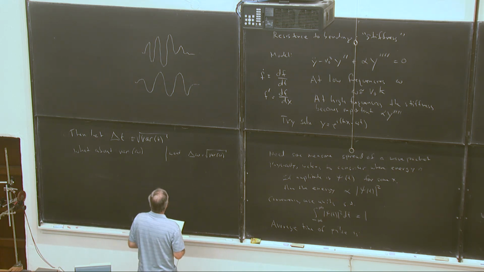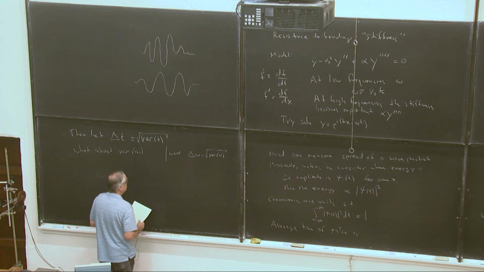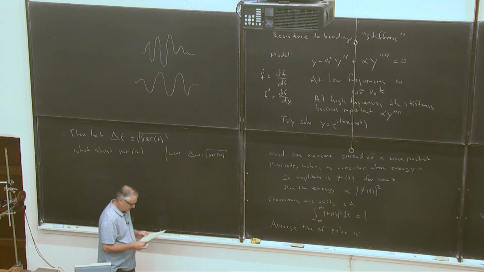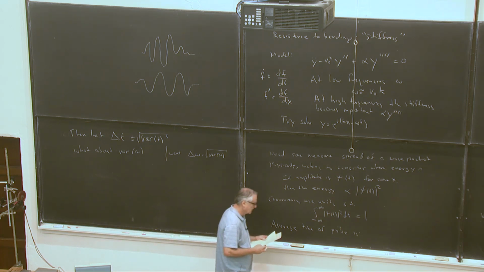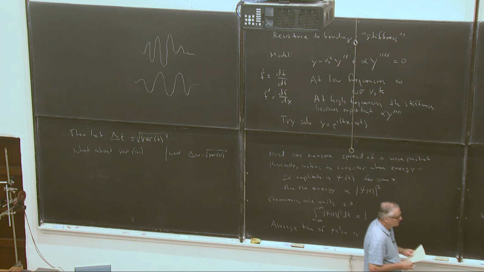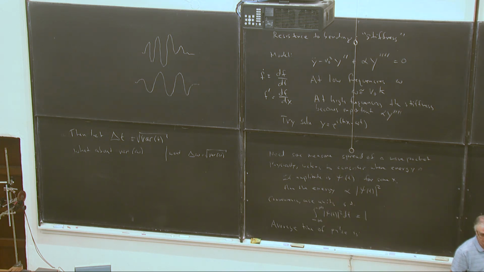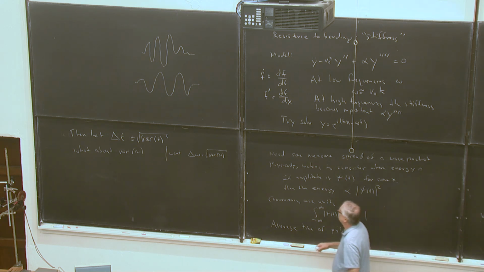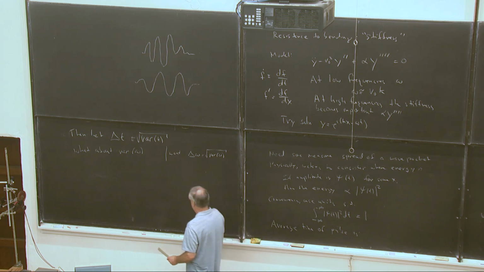So what about the variance of omega? I need to estimate that. So I've been glossing over something here. I said that we could, do I still have it? I must still have it. I've just covered it up somewhere.